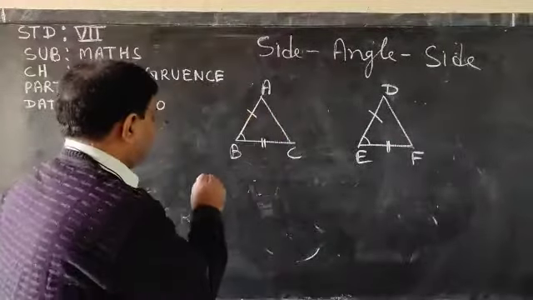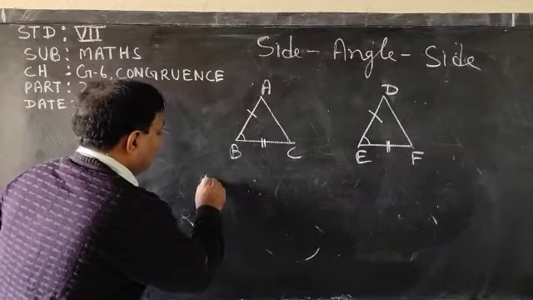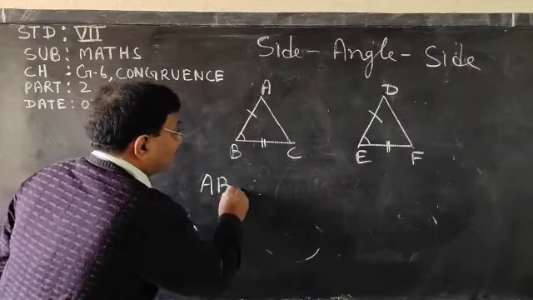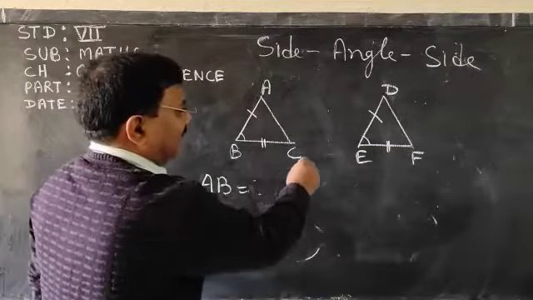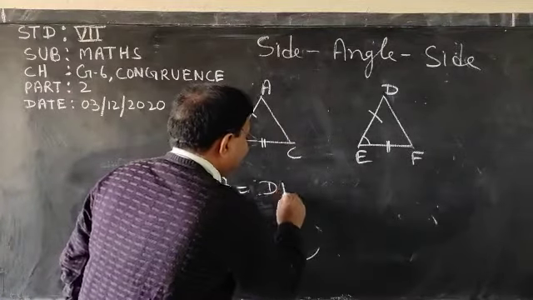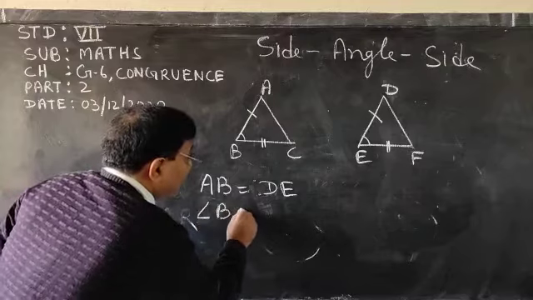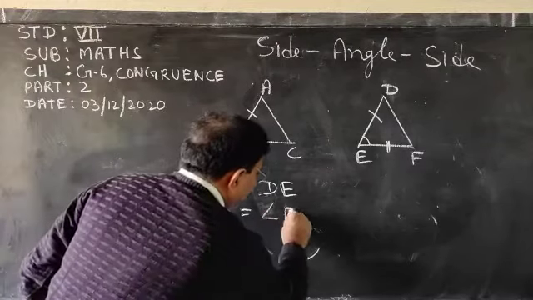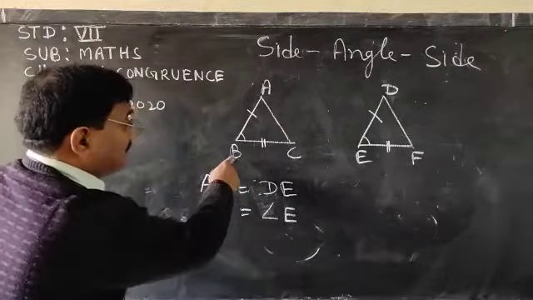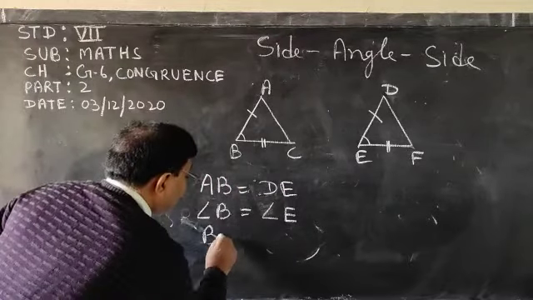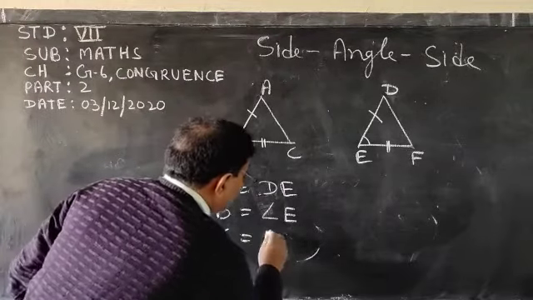How to write it? Here AB, single mark, is equal to DE. Then angle B is equal to angle E. Then BC is equal to EF.